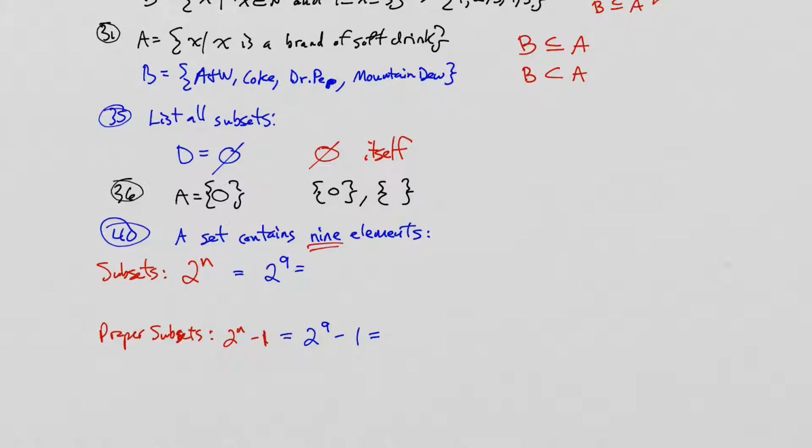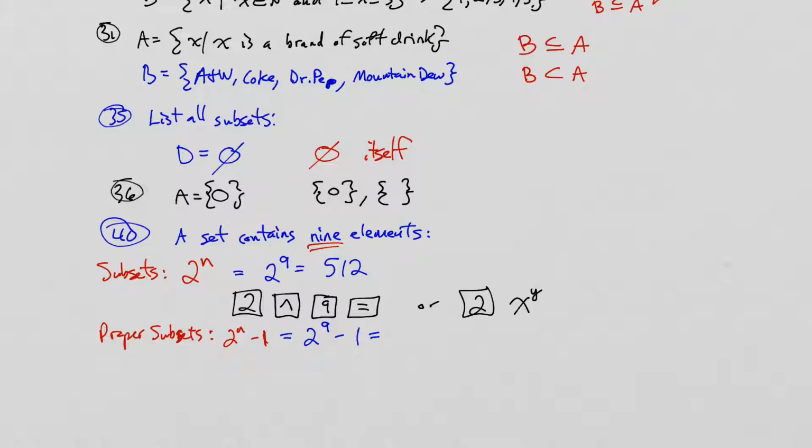Okay, so in your calculators, scientific or whatnot, the answer is 512. But you're going to have to type in something like 2, and then probably a caret symbol, and then type in 9, and then press equals or enter. Or you might have a symbol that looks like x to the y.